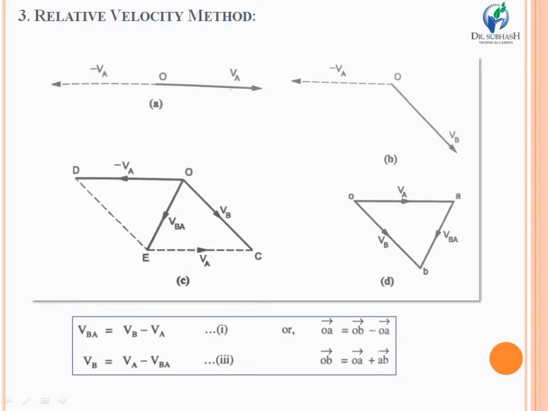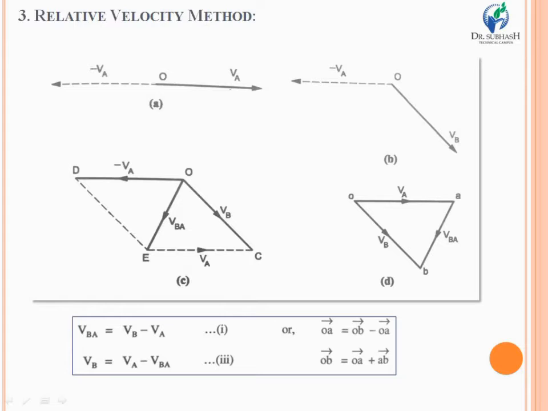Now we all know that velocity is a vector quantity, so the velocity with respect to a particular point, that means VBA or VAB, is also a vector quantity. So by definition, the relative velocity VBA is equal to VB minus VA, or we can say VB is equal to VA plus VBA.